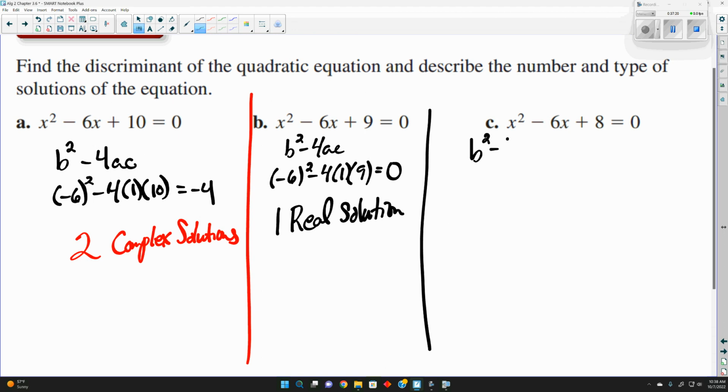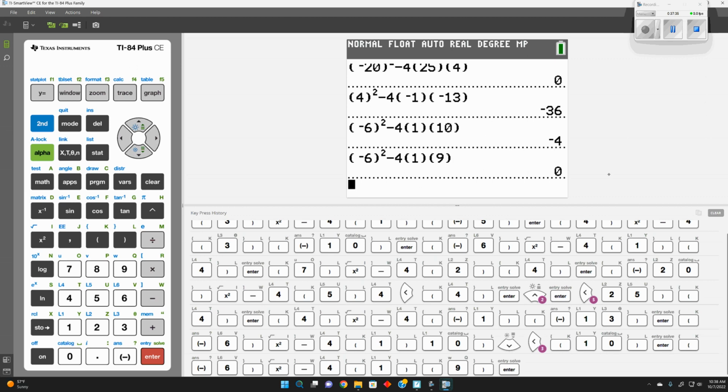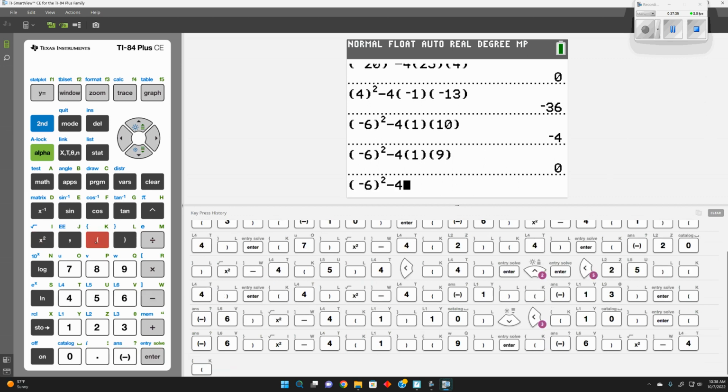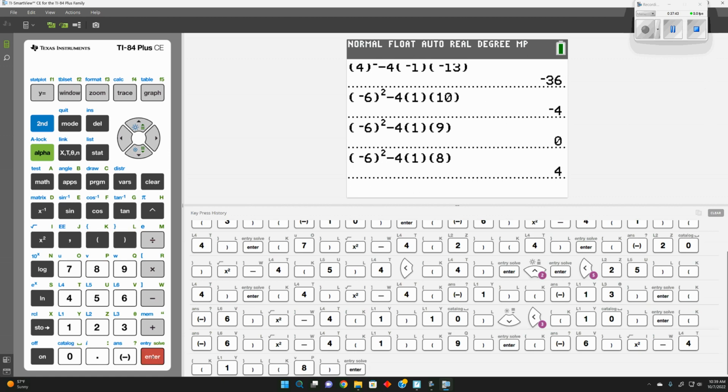And the last one we have is b squared minus 4ac. Well, we still have negative 6 squared minus 4 times 1, but this time we're multiplying it by 8 for c. So negative 6 squared minus 4 times 1 times 8 is positive 4.